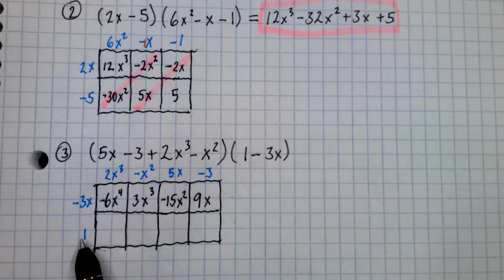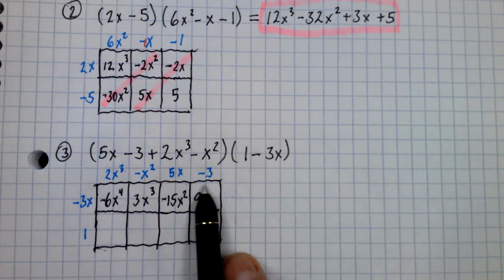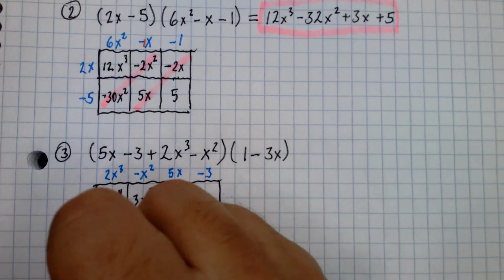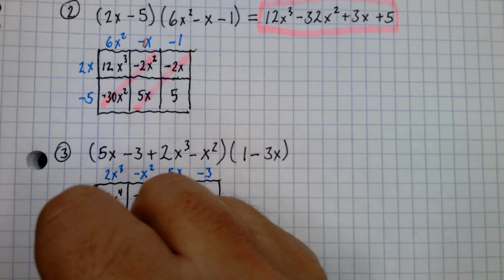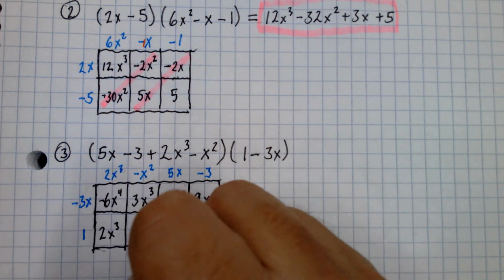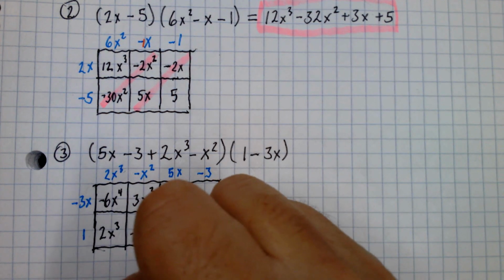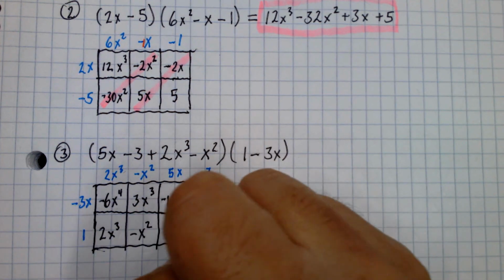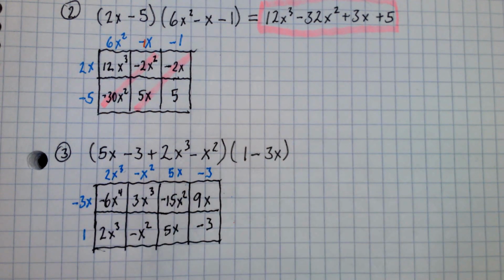The next one's easy. We're just going to multiply 1 times each of those. So this is going to be 2x cubed, minus x squared, 5x, and negative 3. Okay? Any questions?